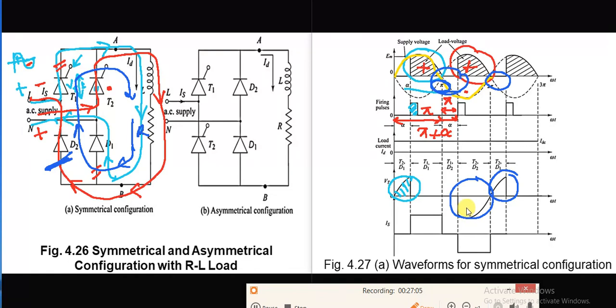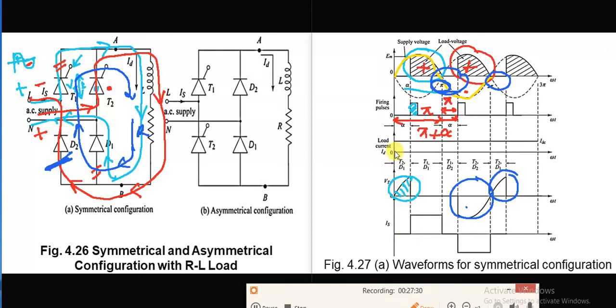This is the voltage across SCR T1 during the negative half cycle. Whenever the SCR is off, we will obtain voltage across the SCR till it is not conducting, and the sequence will repeat. And we can see the current is very much steady.